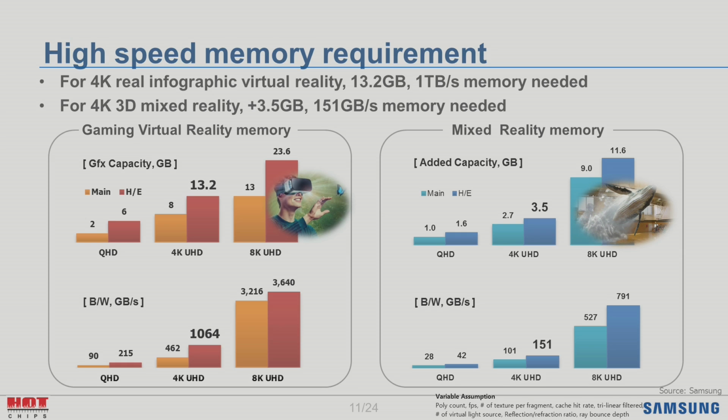If you think about only 4K UHD, the memory requirement is 13.2 gigabytes of capacity and 1 terabyte per second of bandwidth. And in the case of 4K 3D mixed reality, an additional 3.5 gigabytes of main memory and 151 gigabytes per second of bandwidth are required.